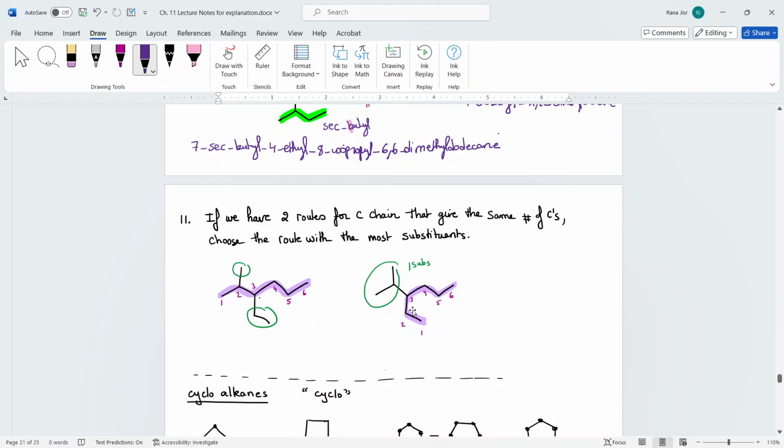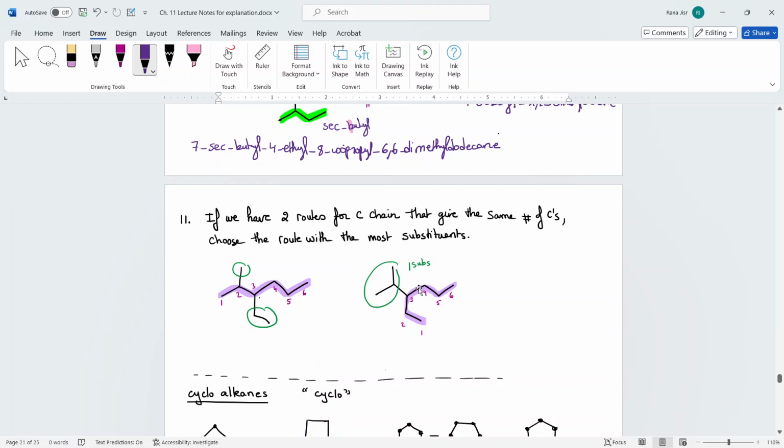Okay. If you have 2 routes for the carbon chain that gives the same carbons, let's say, for example, these 2 are the same structure. Over here, so these are the same structure. I have 2 routes in choosing the longest carbon chain. So I can simply go this way and choose the longest carbon chain. And if I do this, I'm going to end up having 2 substituents.